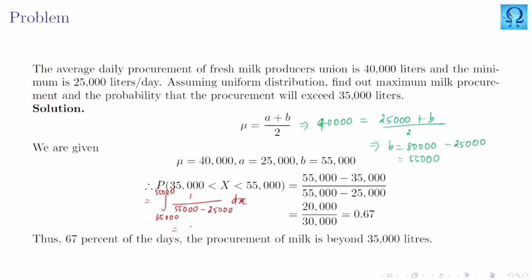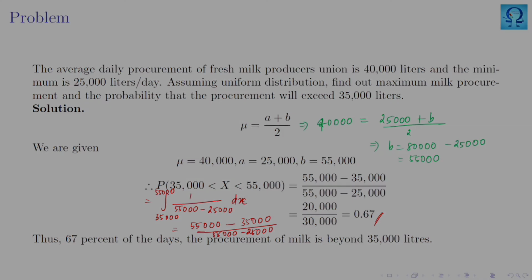When we integrate it, we get (55,000 minus 35,000) upon (55 minus 25). When you make the calculation and simplify it, this is what you get. So this is the probability that the procurement exceeds 35,000. That's it. Thank you.